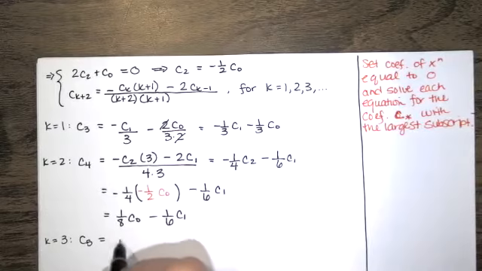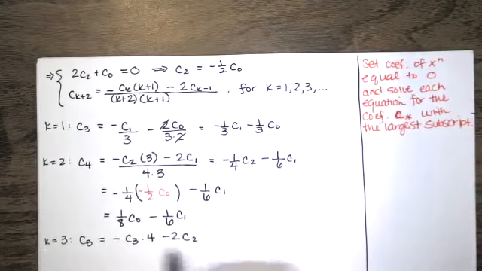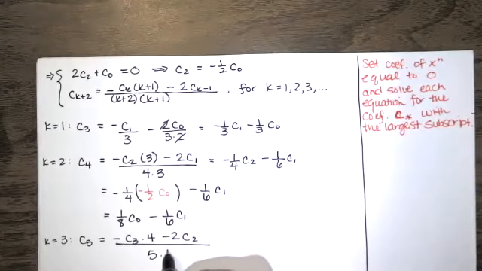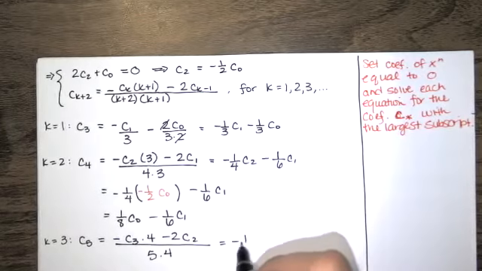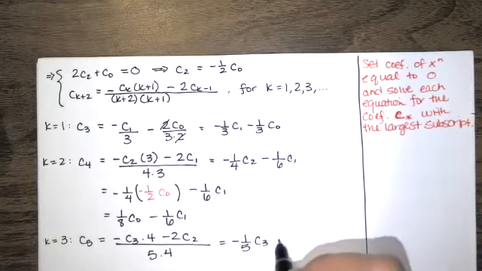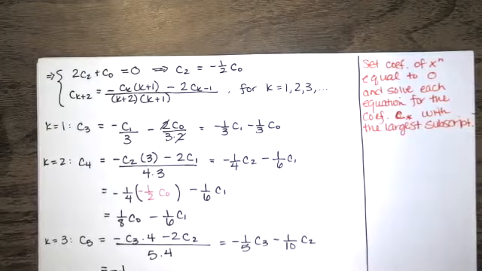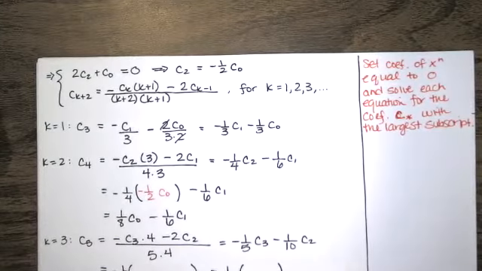We got c sub 5 equals negative c sub 3 times 4 minus 2 times c sub 2, all divided by 5 times 4. And this ends up being negative 1/5 of c sub 3 minus 1 over 10 times c sub 2. And c sub 3 was that expression there, and c sub 2 we had earlier.